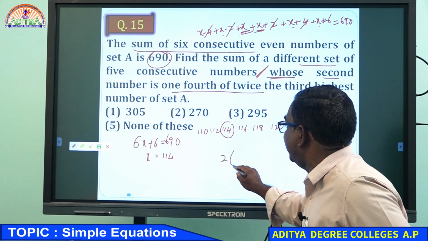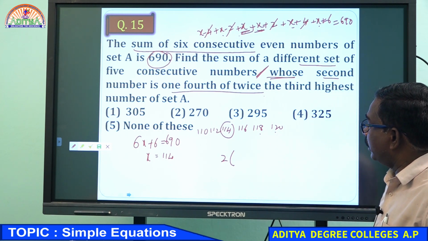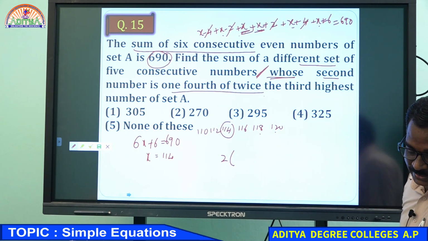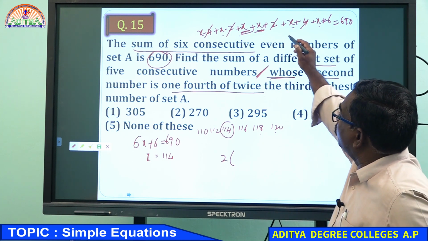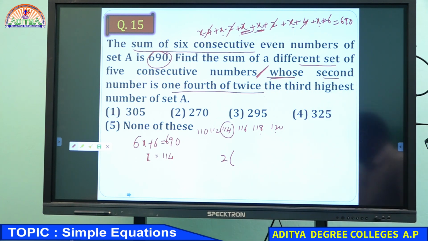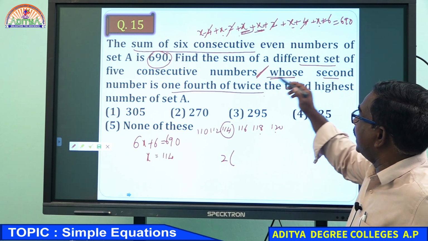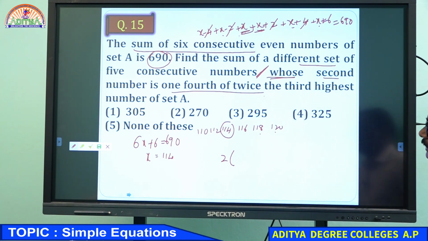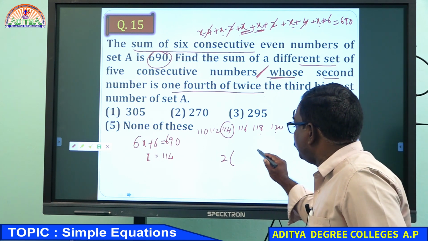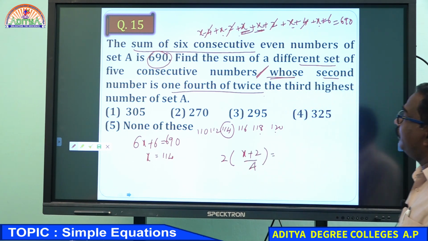Twice the third highest. Where is the third highest, you see? The third highest is x plus 2. Twice x plus 2 by 4 is given as the second number, 1/4. 2 into x plus 2 by 4 is given as 58.